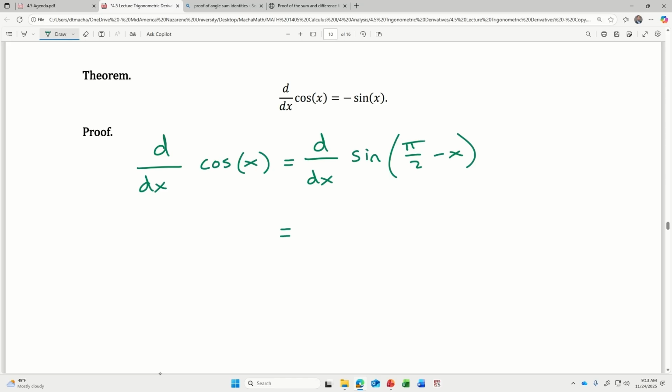And the derivative of sine is cosine, as we learned. And then the derivative chain rule says I need to multiply by the derivative of the inside function. We learned about the derivative chain rule already, so we're allowed to use that. And this means I've got -1 times cosine of pi over 2 minus x.